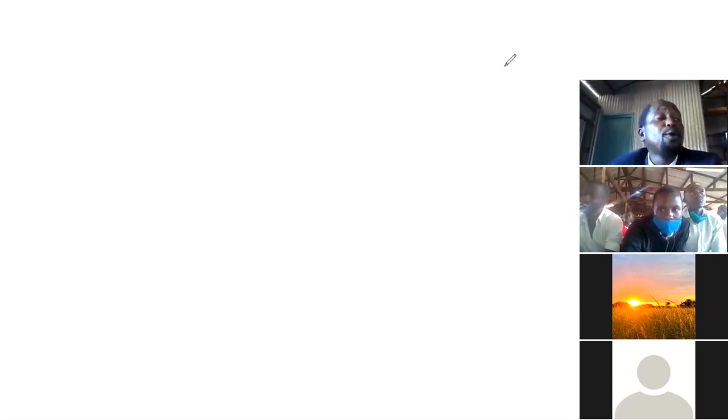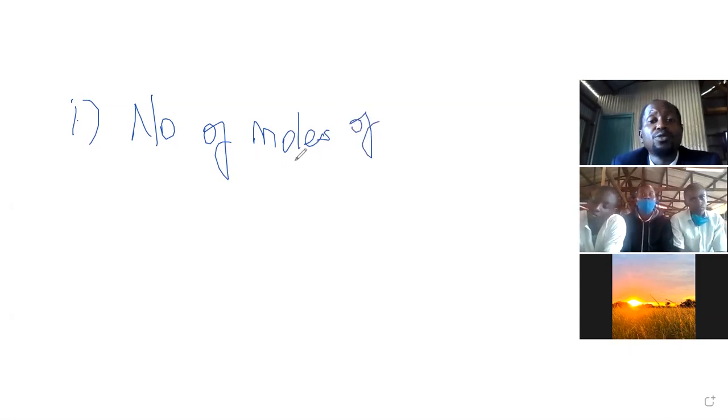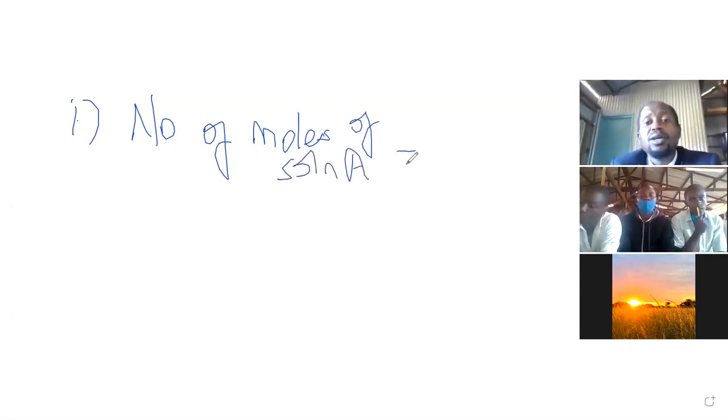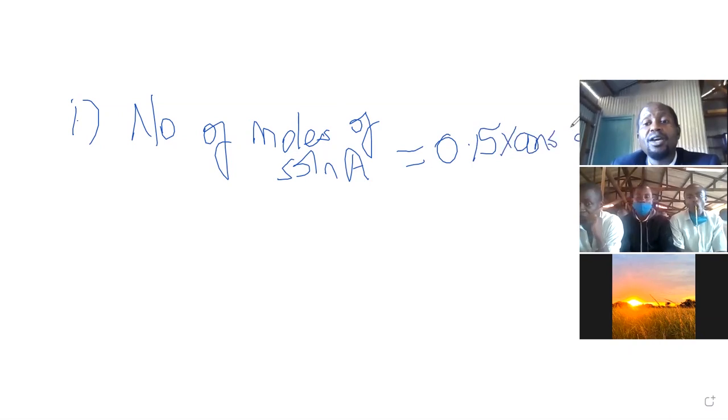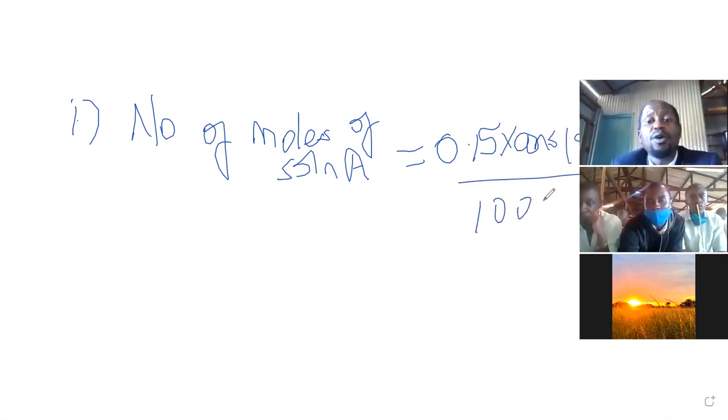Now at this point, the marking scheme simply tells us to mark as follows: number of moles of solution A equals 0.15 times the answer in part A over 1,000.